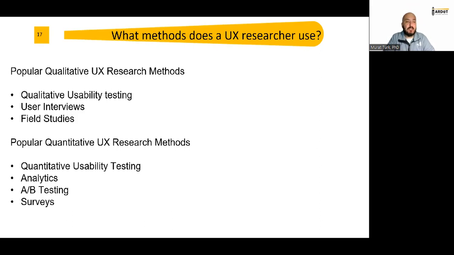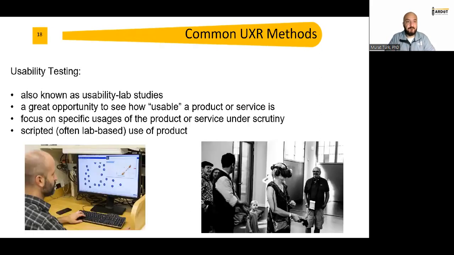And popular quantitative UX research methods are quantitative usability testing or benchmark studies, which are used to get certain usability metrics like time on task, number of errors, completion rate, and all that stuff. Analytics, web analytics, clickstream analytics, A/B testing, and surveys. These are some of the popular quantitative UX research methods.